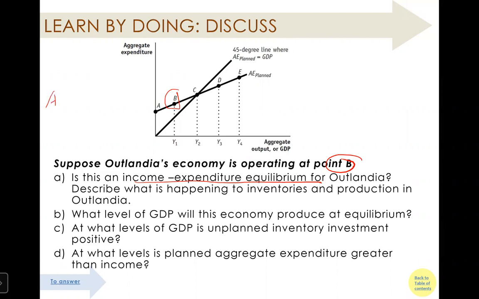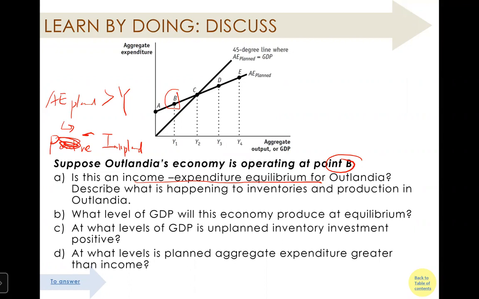At point B, AE plan is greater than real GDP. So what do you have? You have a positive, oh, I apologize, a negative I unplanned.